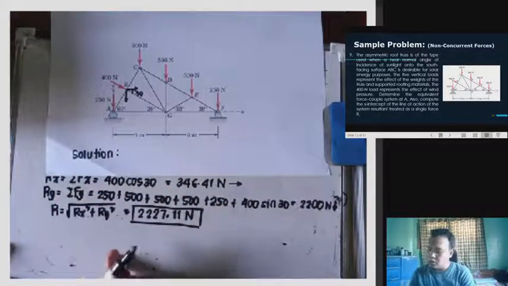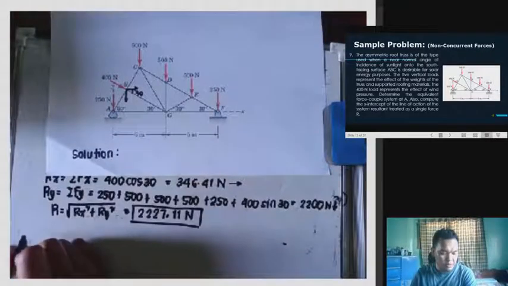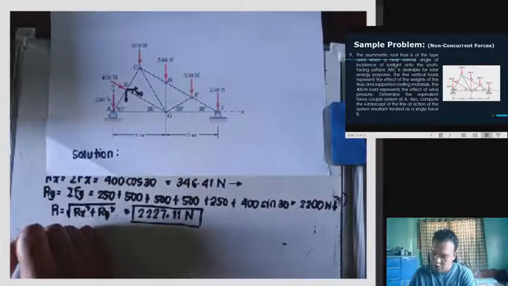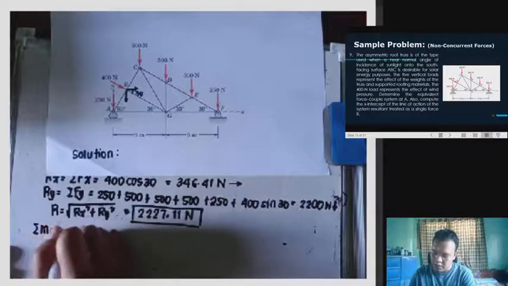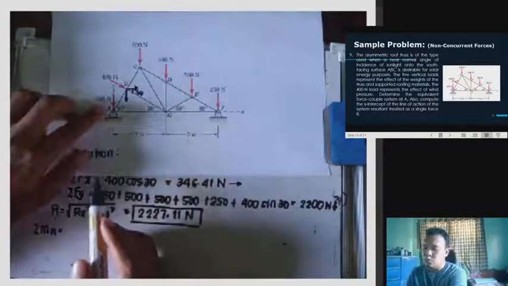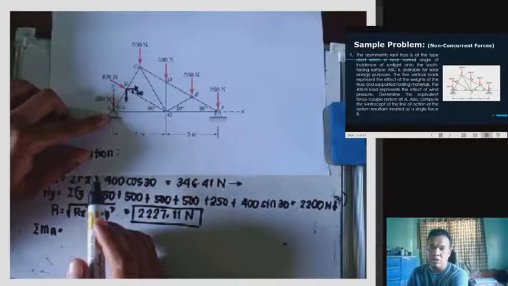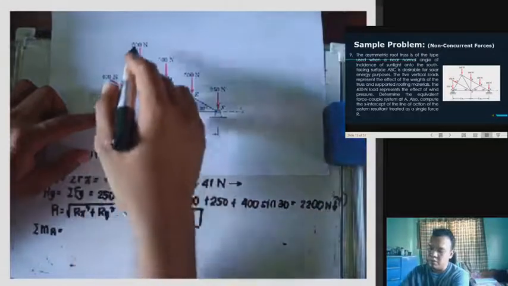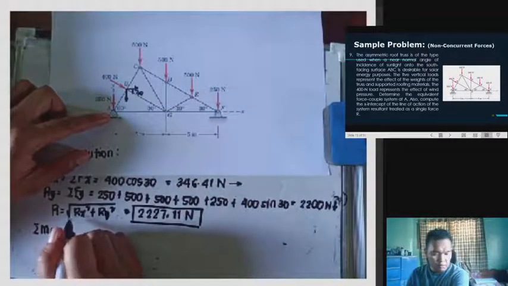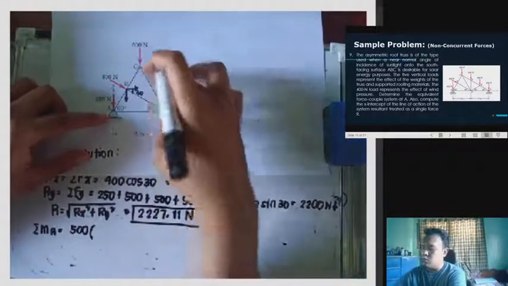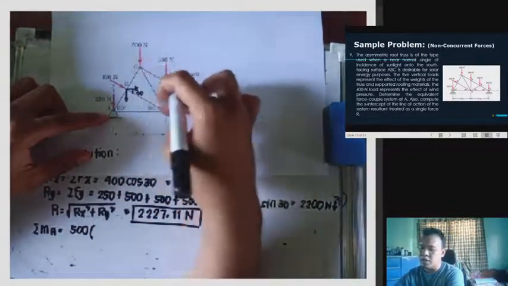Okay, to get the value of moment at A, so we have here summation moment at A is equivalent to yung 250, hindi na siya gagalaw, kasi nag-pass through siya dito sa line of action ng A. So we have here itong 500. Kung papansin mo, ito ay equilateral triangle.